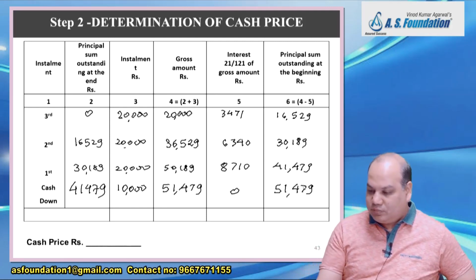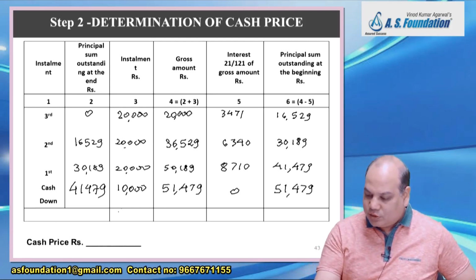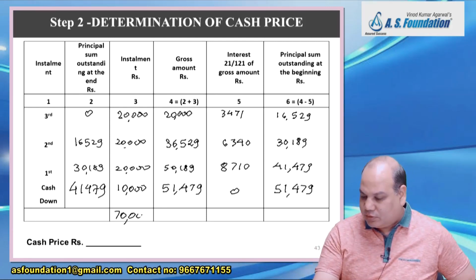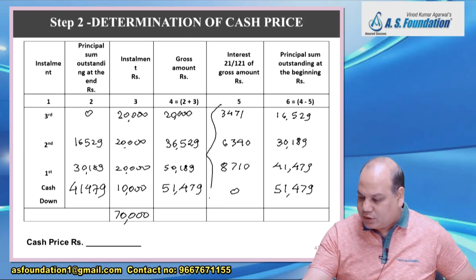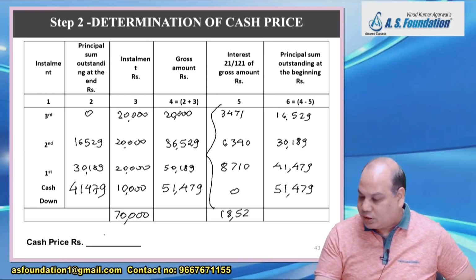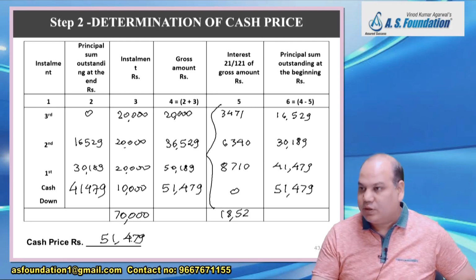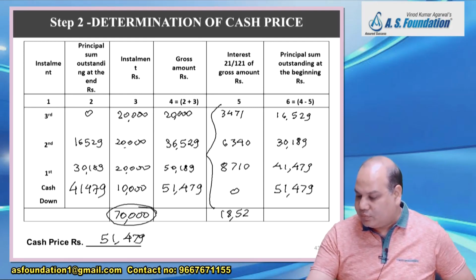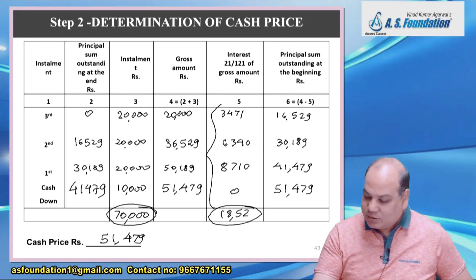Now you tell me, what is the total of all the installments? 70,000. What is the total of all this interest? 18,521. So what is the cash price? 51,479. You can cross check every time for arithmetical accuracy.